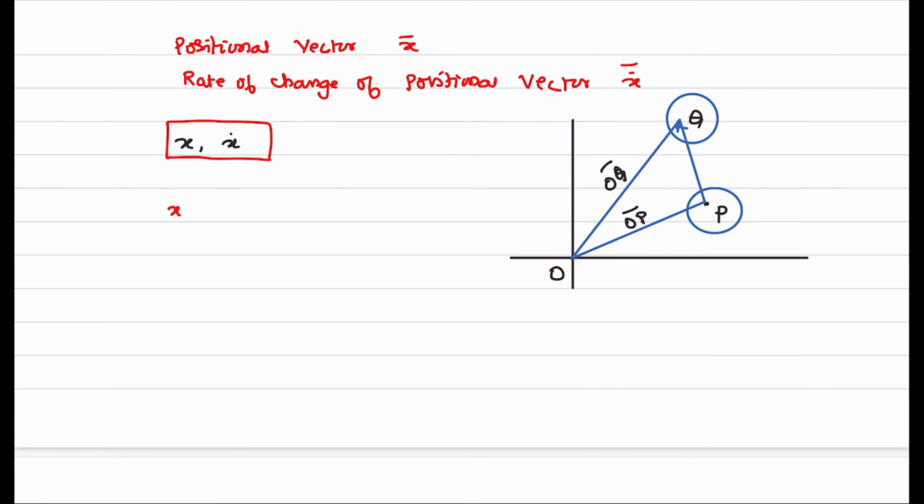What is x dot here? x dot is equal to the rate of change of x, that is equal to dx by dt.